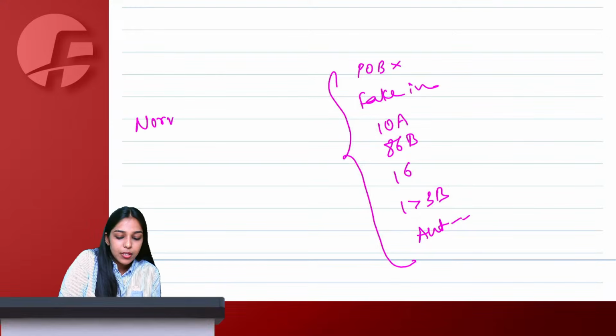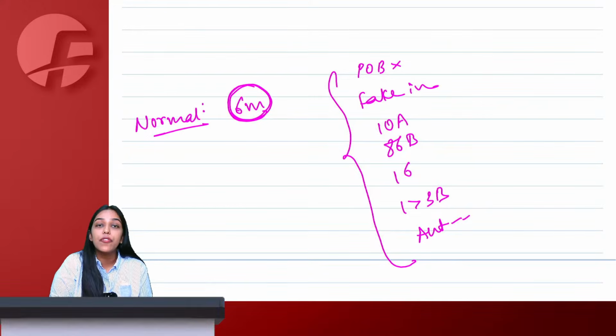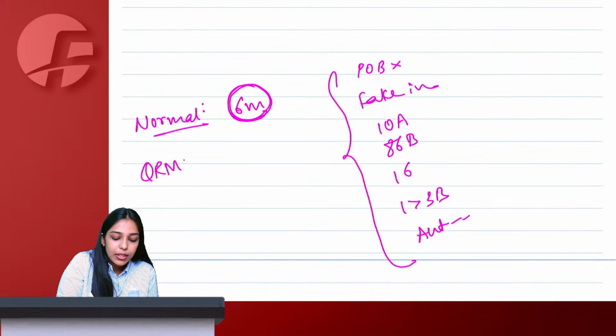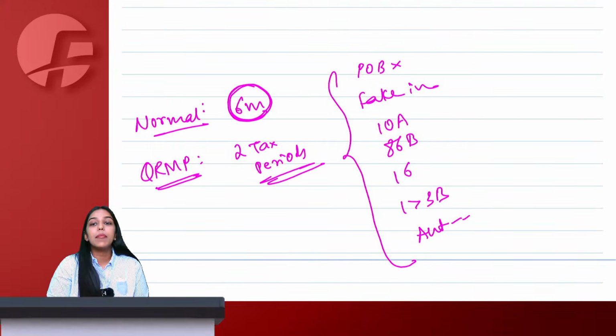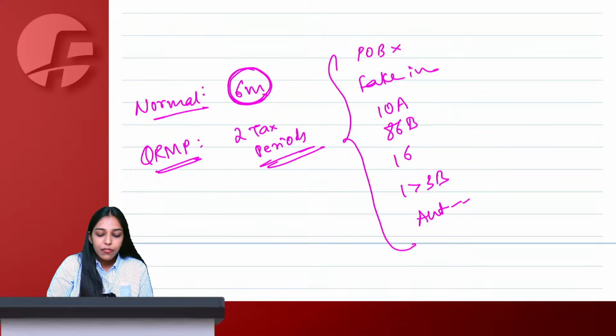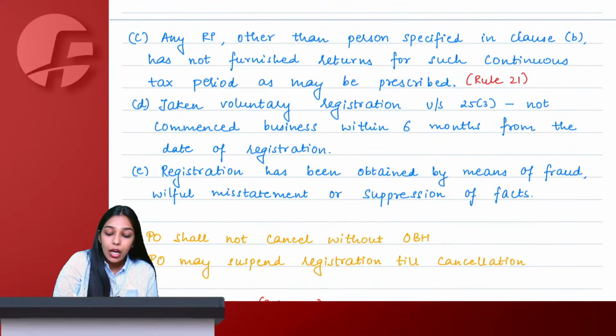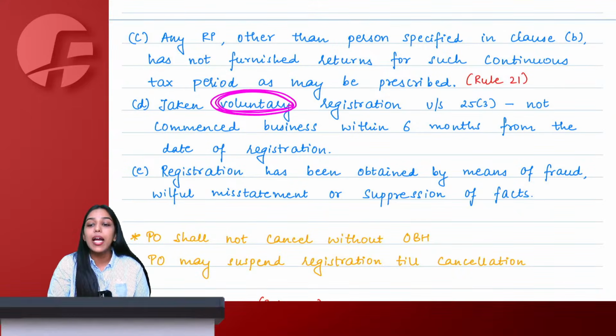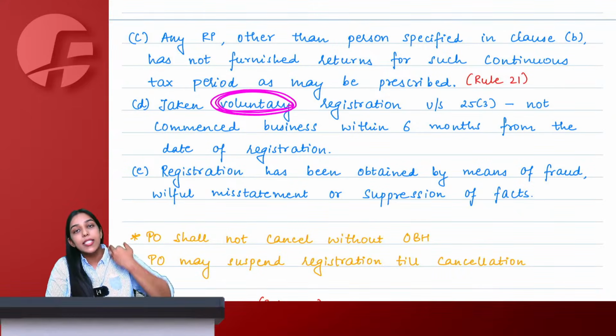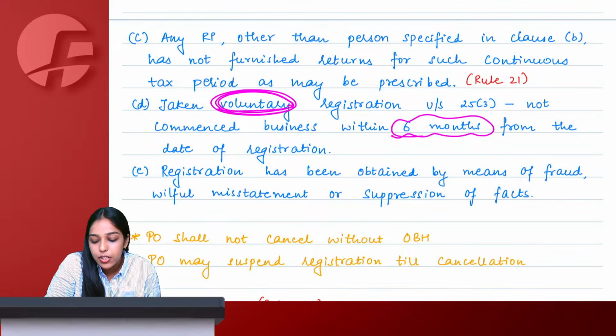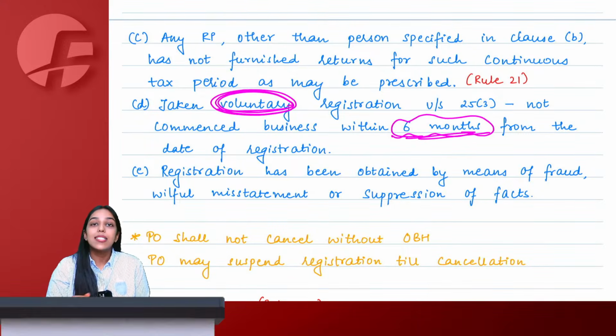Being a normal person, I am not filing returns for a consecutive period of 6 months. Being a quarterly return monthly payment person, I am not filing returns consecutively for 2 tax periods. Then my registration can be suo motu cancelled. Or if I have taken voluntary registration, I was not even liable, and it's been already 6 months since I have taken voluntary registration, but I am not starting my business.